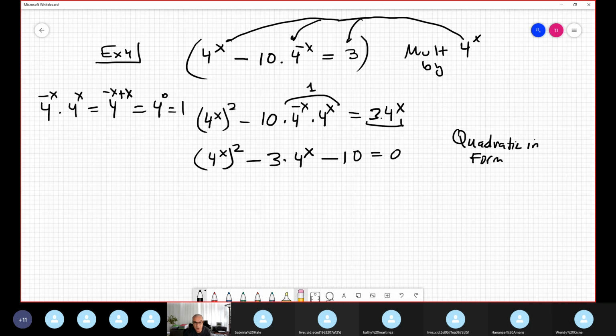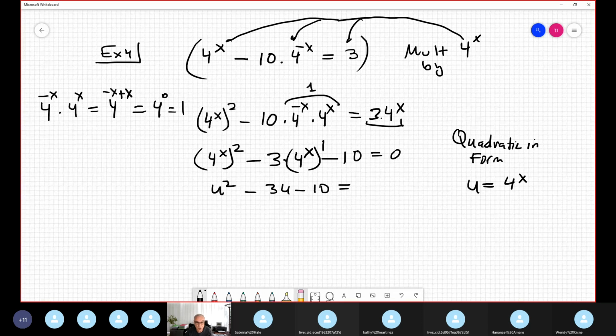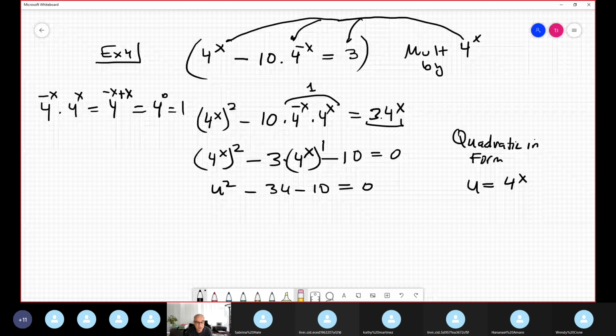How do you know that? Because I see one expression raised to the second power and the same expression raised to the first power. Remember we solved this using the auxiliary variable u. So this is u squared minus 3u minus 10. Wow, a quadratic equation now. Easy.